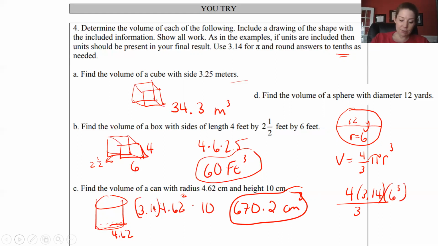So 4 times 3.14 times 6 raised to the third power equals 2,712.96, and we're going to divide that by 3. I messed up my thing, divided by 3. So here we have 904.32. So since it says to round to the nearest tenth, 904.3 centimeters cubed.